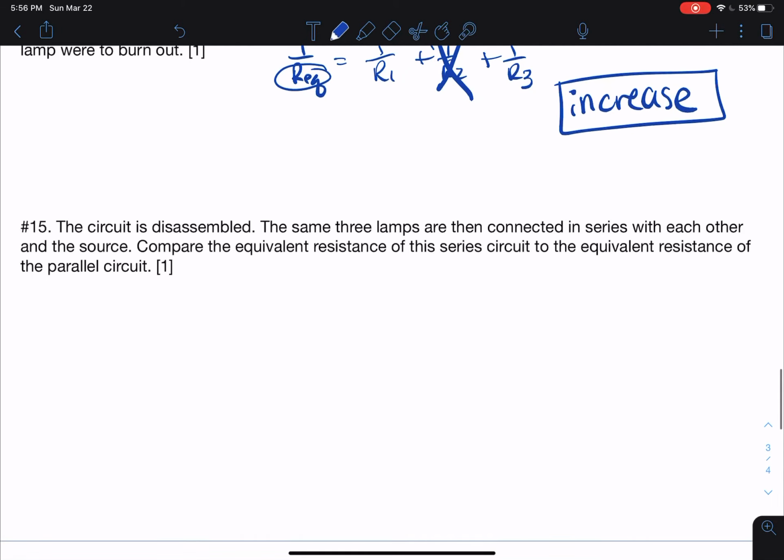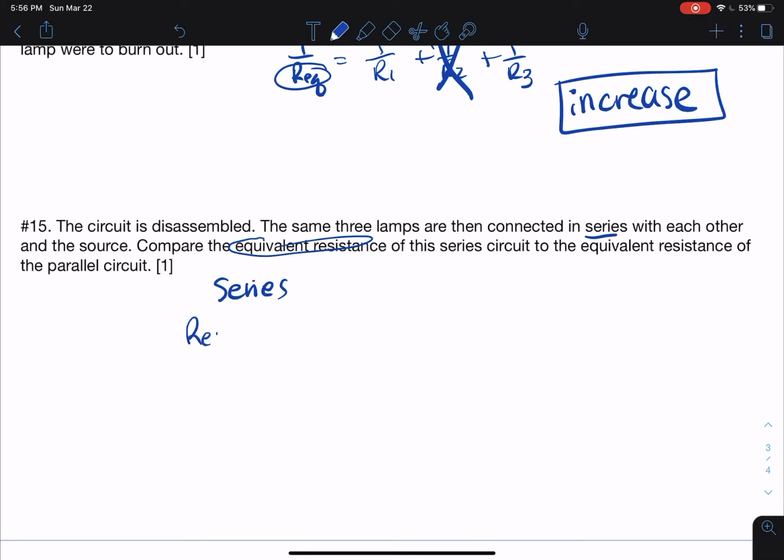All right, and then number 15, the circuit is disassembled. The same 3 lamps are then connected in series with each other and the source. Compare the equivalent resistance of the series circuit to the equivalent resistance of a parallel circuit. Well, we know for a series circuit, REQ is R1 plus R2 plus R3. So if we were to draw these in a series circuit, it would look something like this, and they would all just add.